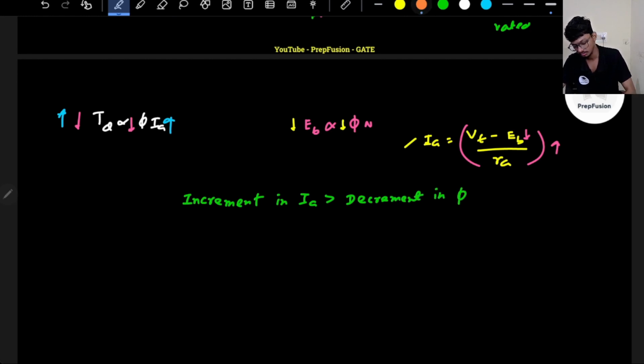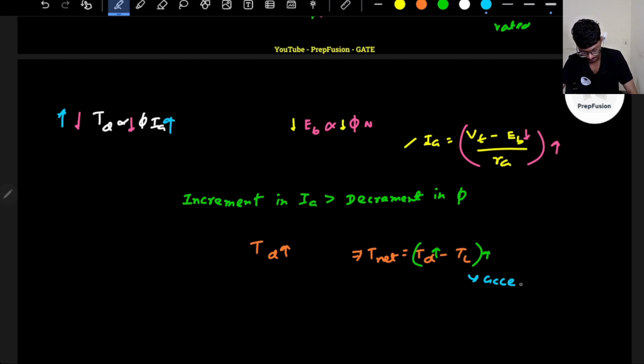Hence, overall developed torque will increase. My overall net torque is equal to TD minus T load. Load torque is fixed. So TD is increasing. Hence, overall this is increasing, and there will be acceleration. That's why overall the speed will increase.